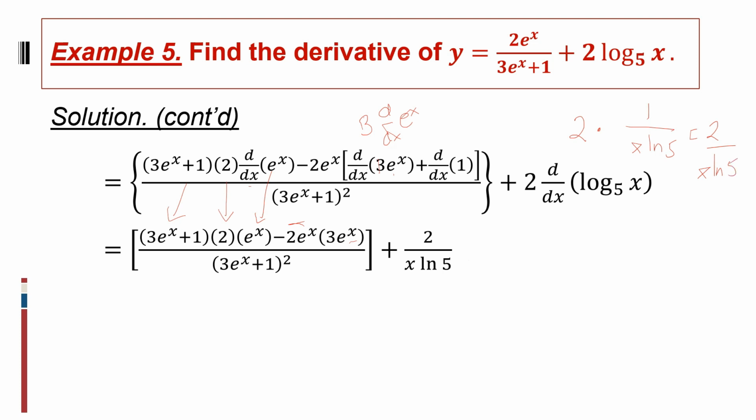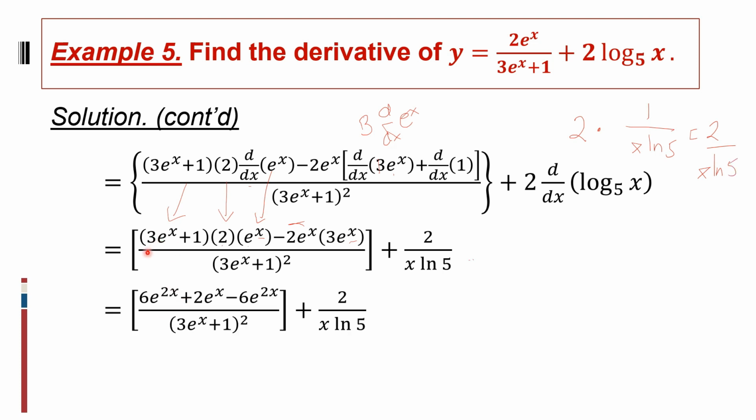So, eto na siya. So, if we simplify that, we have this. So, i-multiply lang natin yung 2 times e raised to x. I-distribute natin dito. So, we have 2 times e raised to x times 3 times e raised to x is 6 times e raised to 2x. Plus, again, i-distribute natin to dito sa 1. So, we have 2 times e raised to x. And then, i-multiply lang natin to.